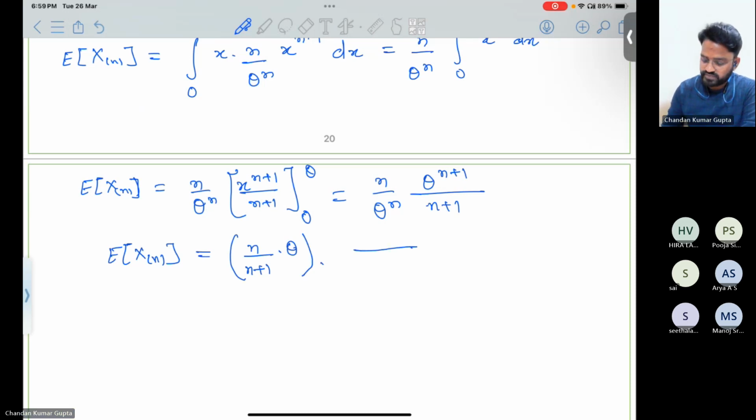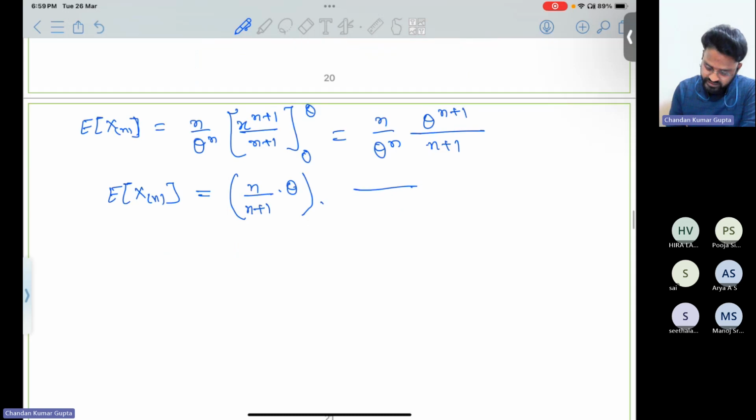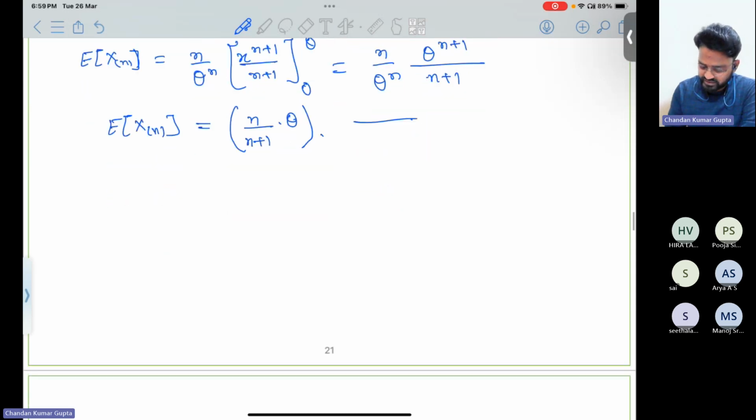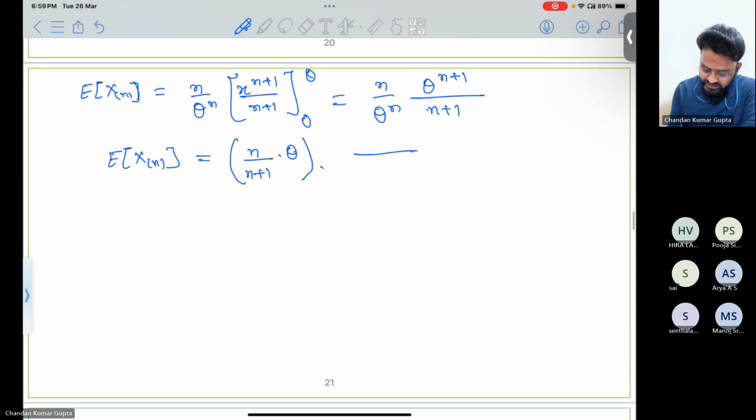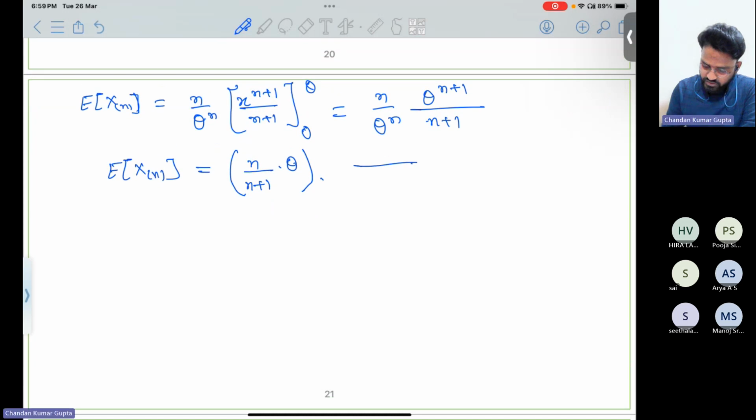Okay. And similarly, we can see that. Or we can write this like this, na? Theta n upon n times 1 plus 1 by n.